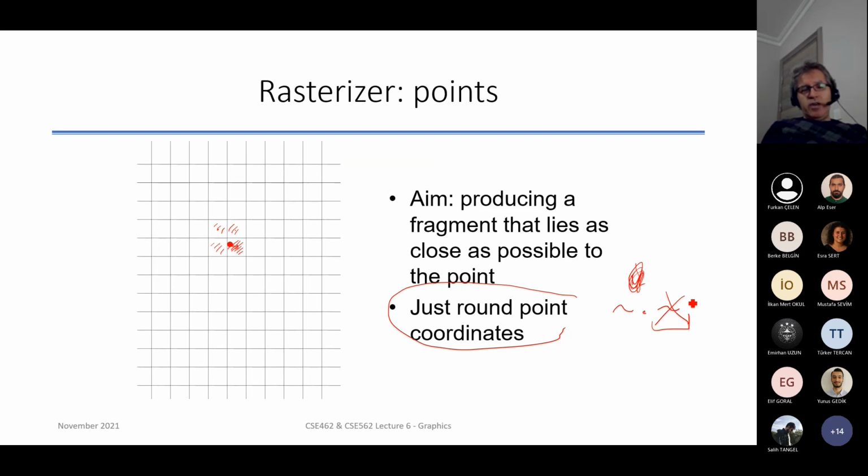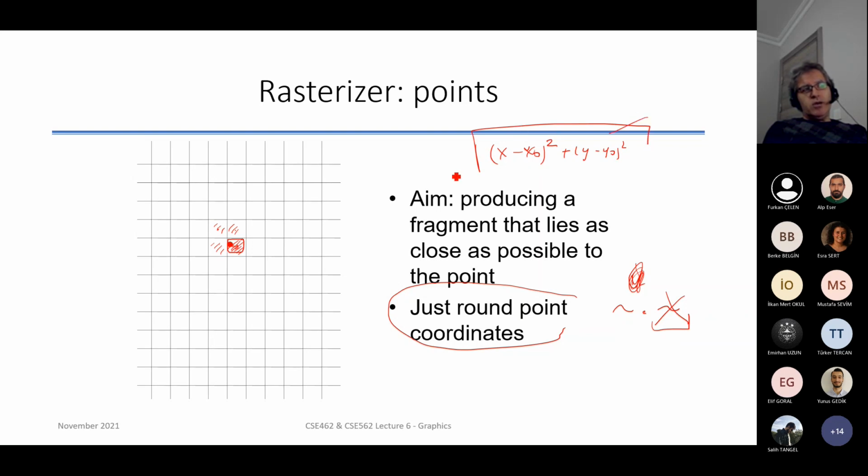Now, this is very, very fast. If I want to get this distance and light it accordingly, I need to do some sort of x minus x0 squared plus y minus y0 squared and a square root perhaps.